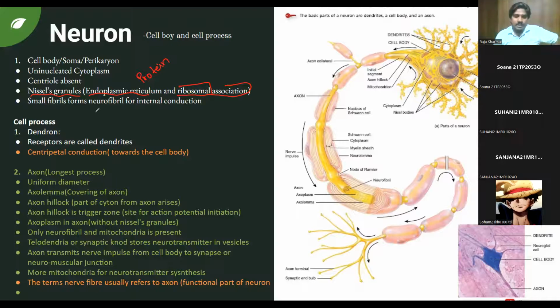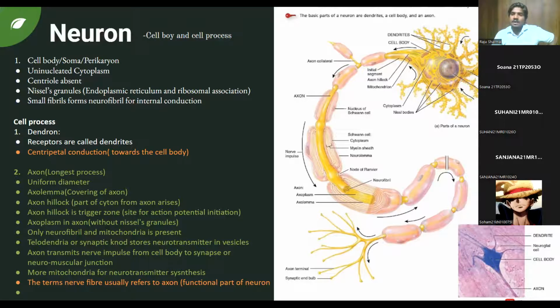चलो फिर नेक्स्ट यहाँ पे क्या है, the small fibrils form the neurofibril for internal conduction. So inside the cytoplasm, there are many very, very small neurofibrils present. And these neurofibrils are useful for the internal conduction of the impulse. इसका meaning क्या होता है?